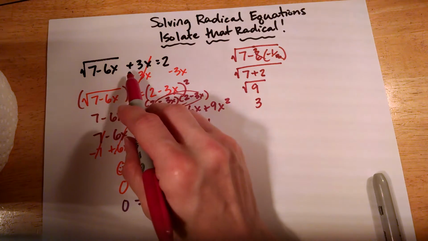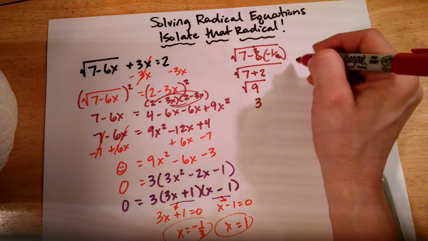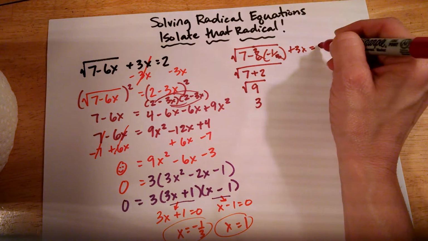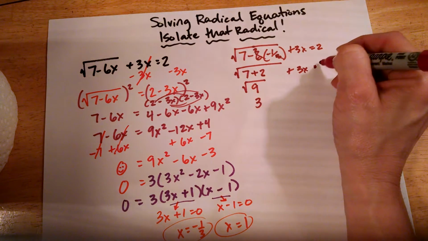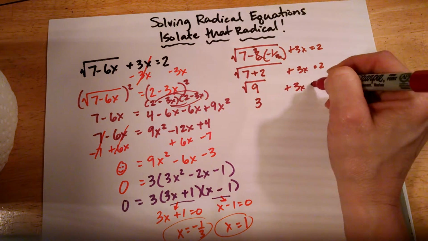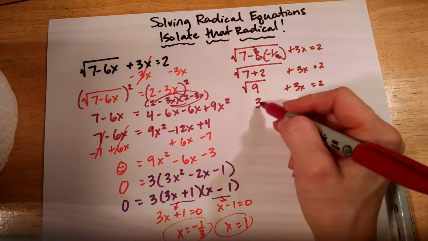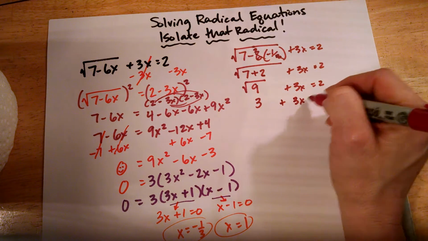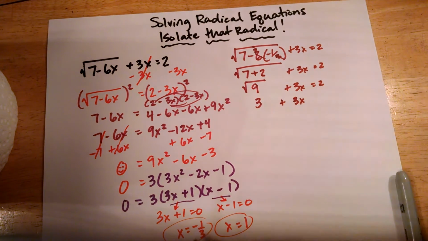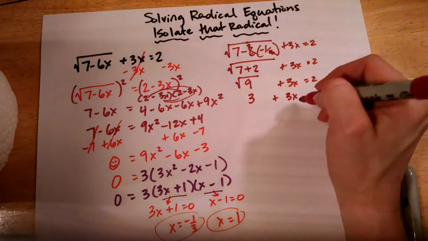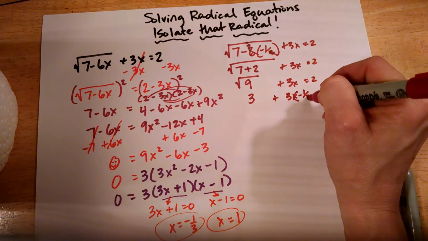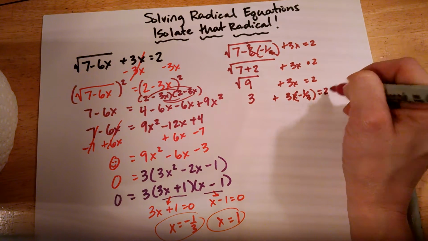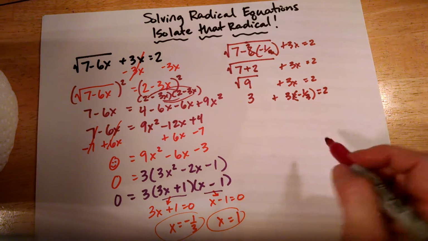Okay, oops, I forgot the other stuff. So plus 3x equals 2. Okay, so now here we are. Square root of 9 was 3. So plus 3x, 3 times, our x is down here, negative 1/3 equals 2. Okay, so all of this over here should equal 2.